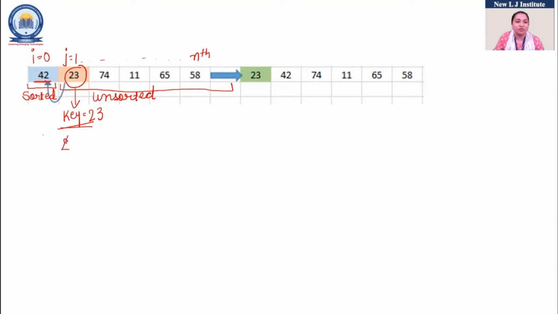Okay, so this 42 will be shifted to the right, and at this empty place we will insert our key, which is 23. So now the key will be inserted at its proper position. Okay, so now in the second iteration we have our sorted elements on this side, and the remaining unsorted elements will be on the right side. Okay, so this is how we will proceed in the example.